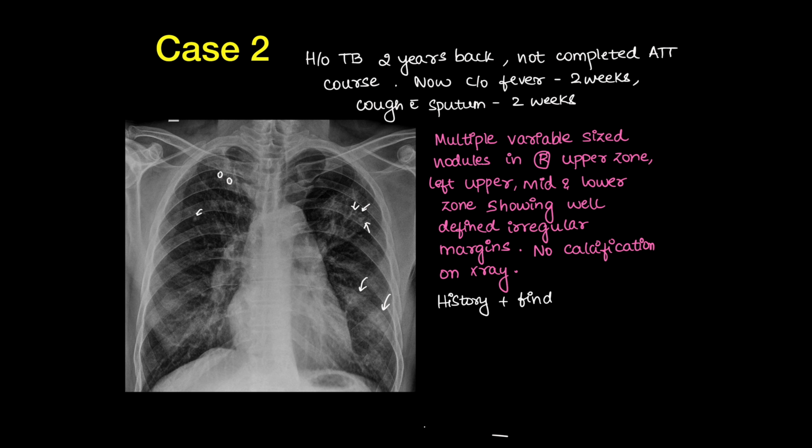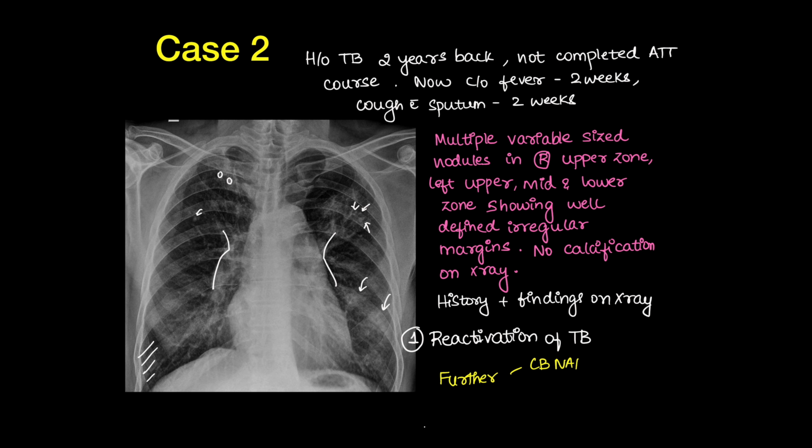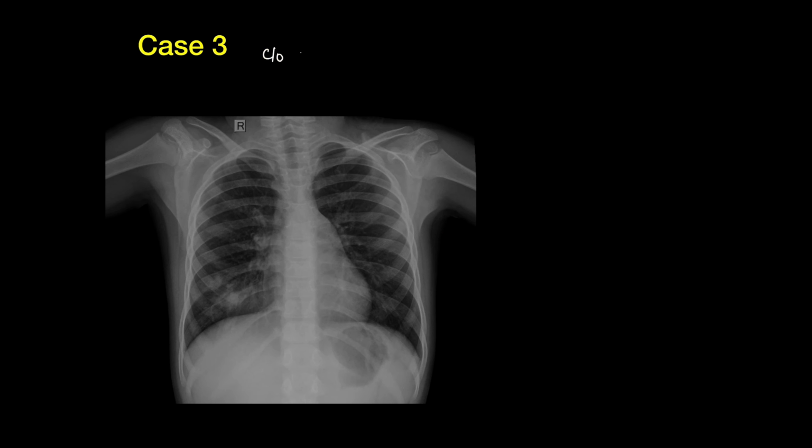According to history and recent findings on chest X-ray, the hilum is normal, no pleural effusion. So reactivation of TB will be the first differential diagnosis in this case. Further, suggest CBNAAT correlation and go for HRCT or NCCT chest.